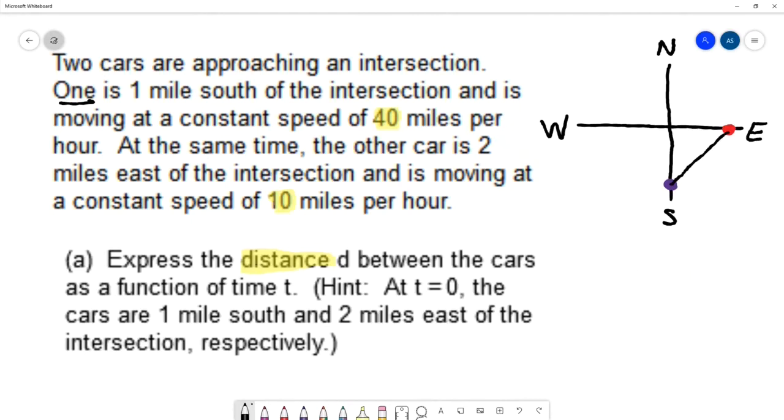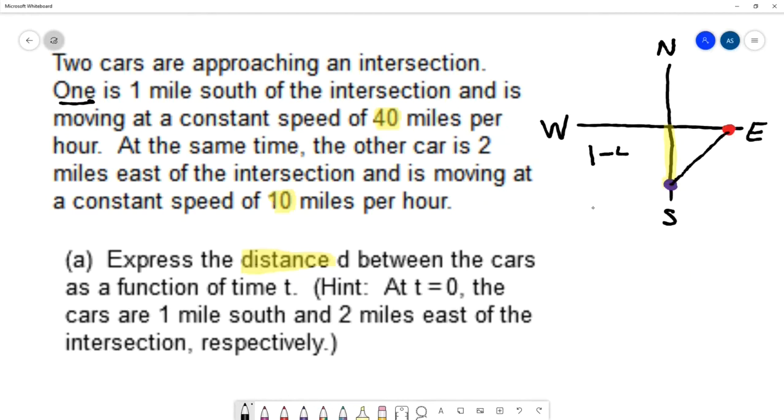It's going to be a distance with a variable. So I need to represent this distance here between the car and the intersection. It starts off being 1 mile, but that distance is getting smaller because of the car traveling towards the intersection.